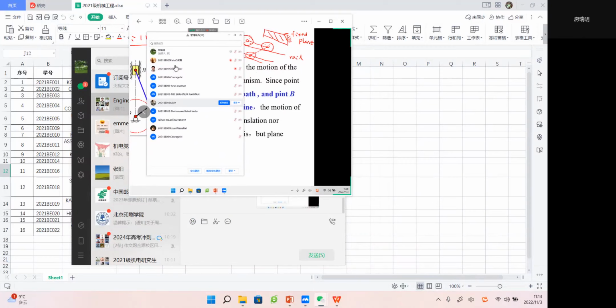You see? 1, 2, 3, 4, 5, 6, 7, 8, 9, 10. Almost all the time we only have 10 to 11 students attending our class. So maybe each time there will be 5 to 6 students who do not attend our class. So how can you finish your final examination?